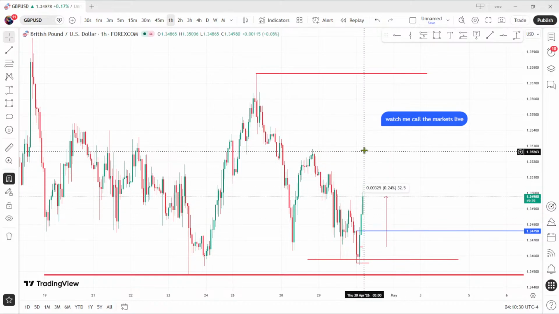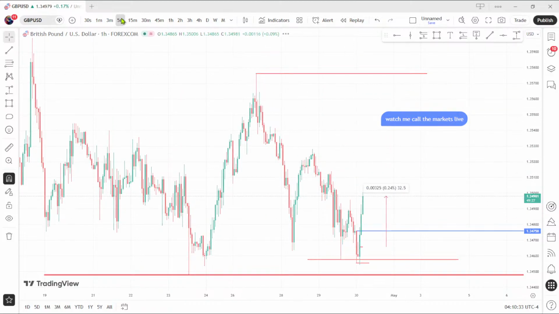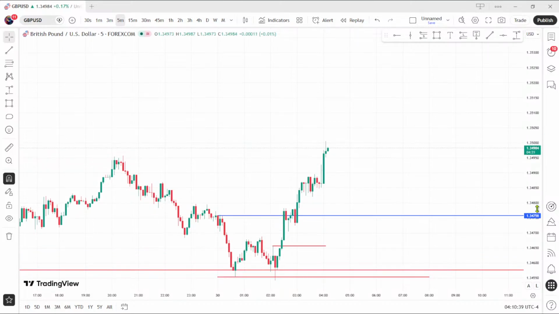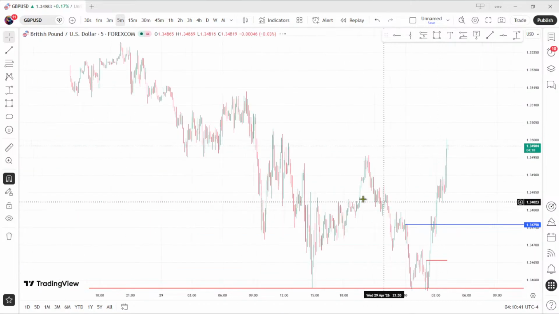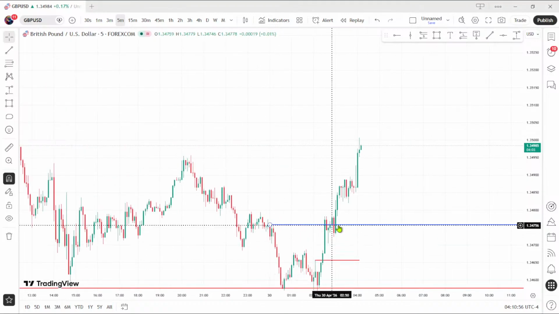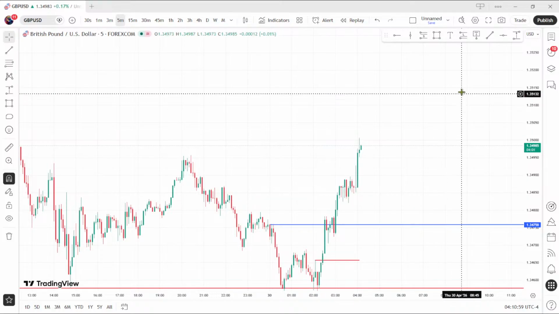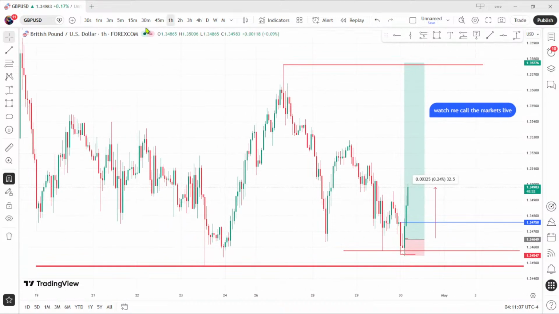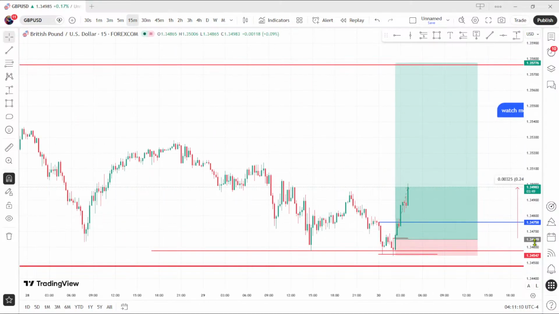We are targeting this external liquidity, or we are looking to exit at 5. Now, price is moving on well. Yeah, that one. Price is moving on well. You can see.